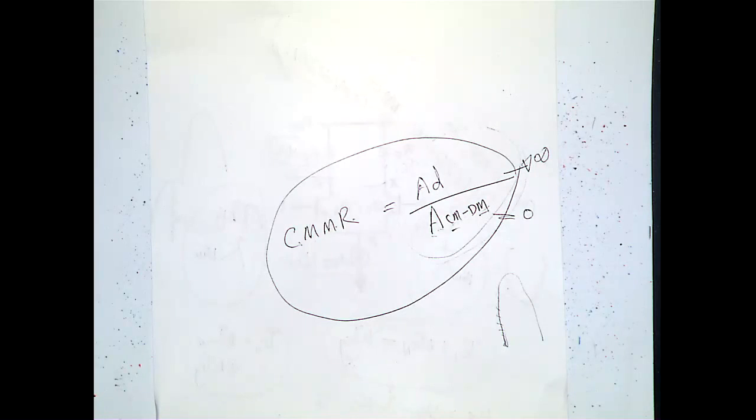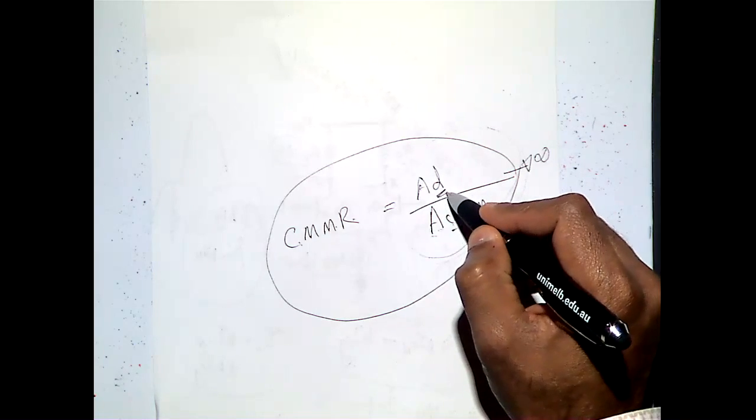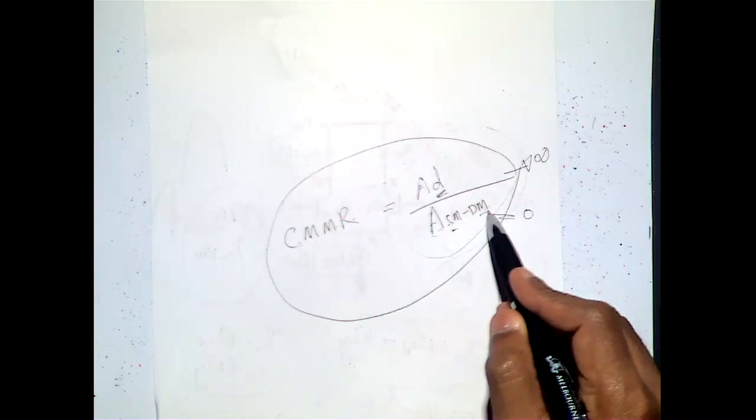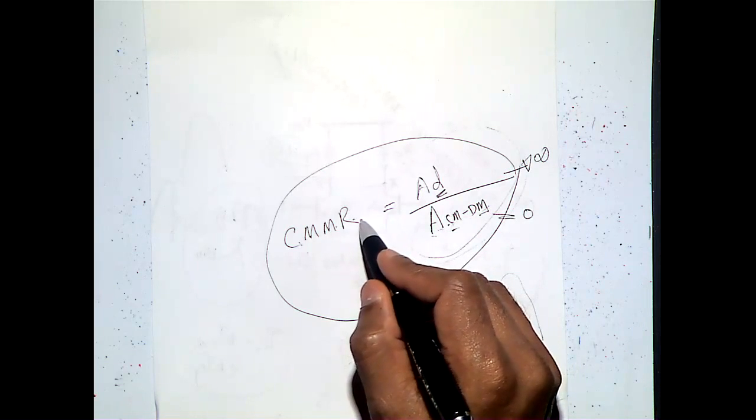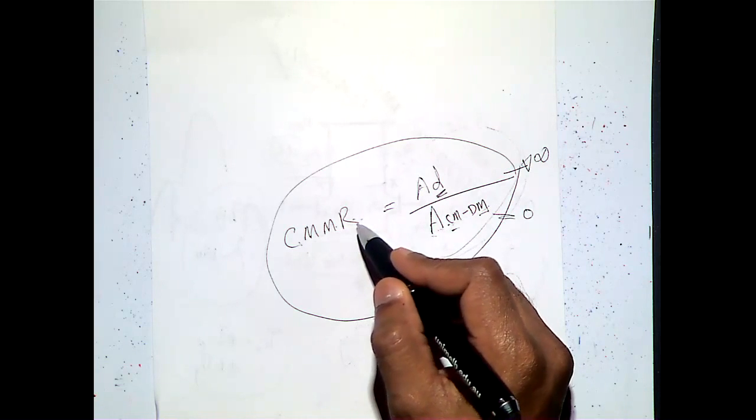Didn't we say it's AD over ACM? Sorry? Didn't we say it was AD over ACM, not ACM minus DM? No. So AD means the differential gain. Yeah, ACM-DM, that is the common mode to differential mode gain, the real CMRR.